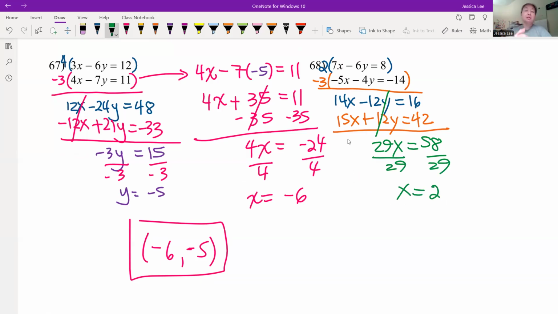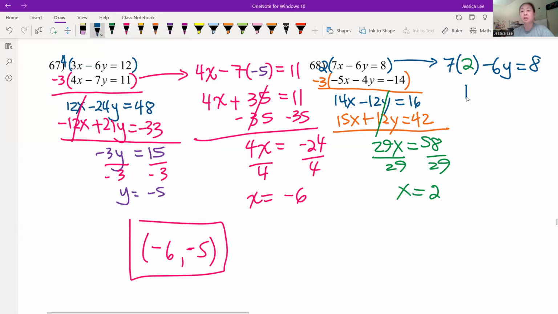Hey, but we're not done yet because we've got to figure out the y. So here we go. Let's use which one looks okay? Maybe the top. Let's use the top one this time. So we're going to go 7x minus 6y is equal to 8. So instead of x, we're going to plug in 2. That's where we got it from.